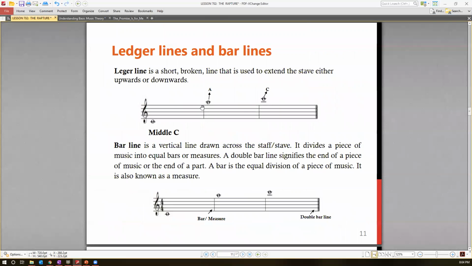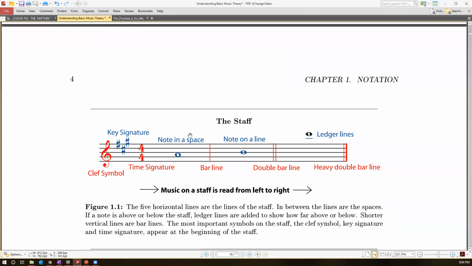So that's where the bar lines come in. It's either called a bar or a measure. This line is called a bar line, and the space bounded by these bar lines is called a bar or a measure.